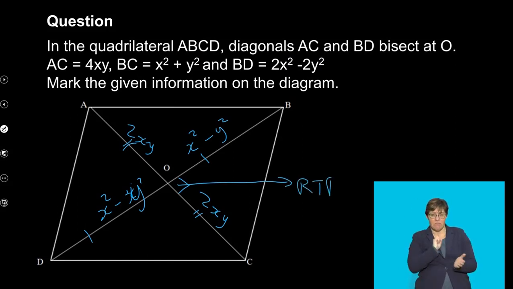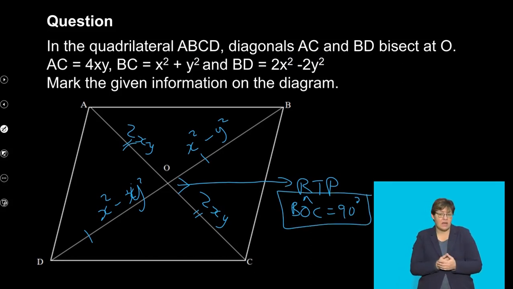So this is my required to prove, which is RTP, right? I must prove that this is 90 degrees, which is BOC equals 90 degrees. If I can prove this, guys, I would really have done what they wanted me to do, which is just to prove that this is a rhombus.